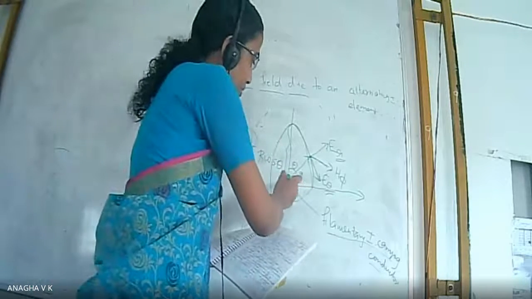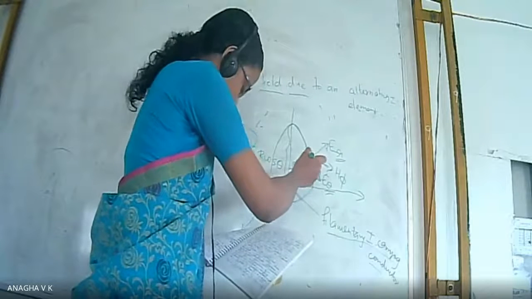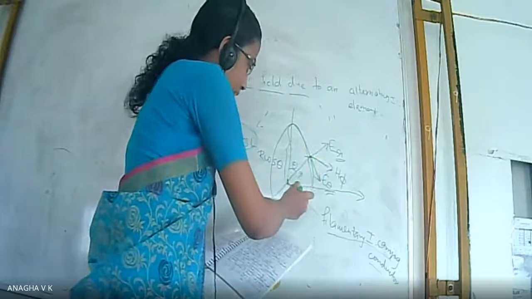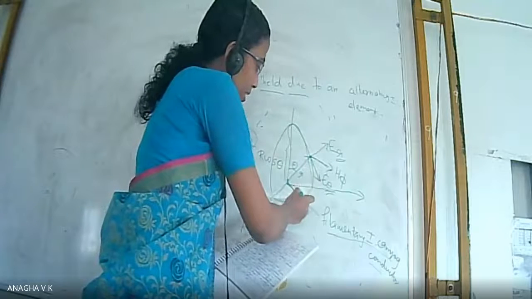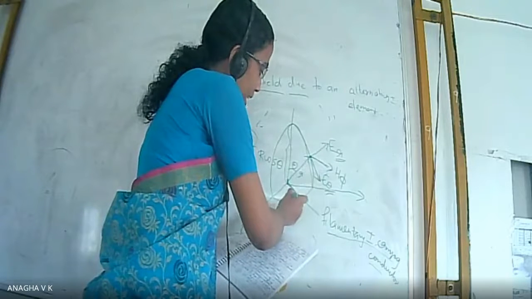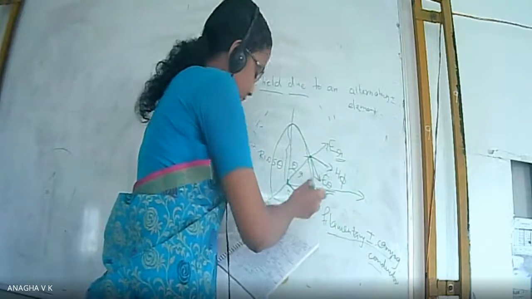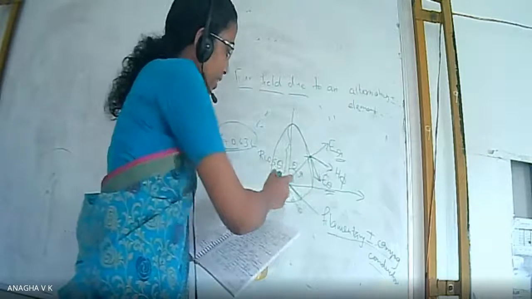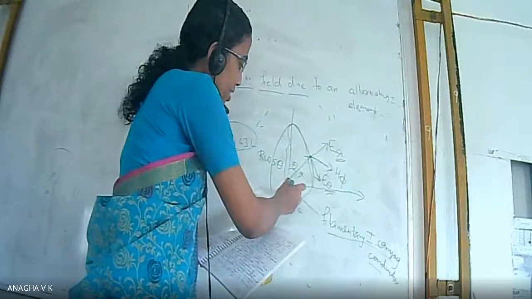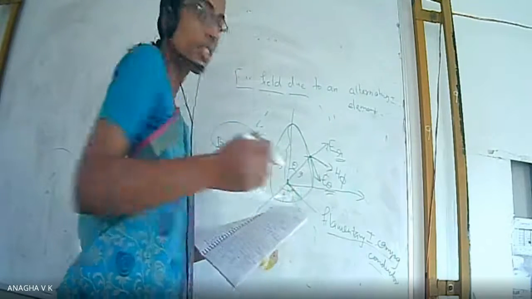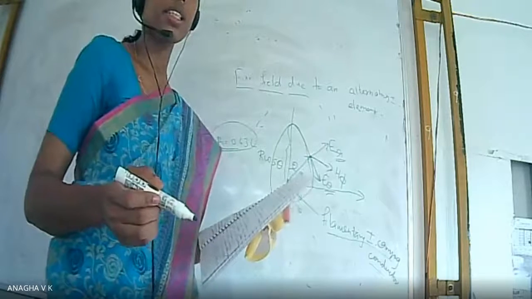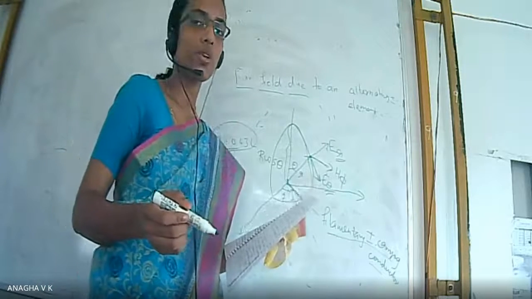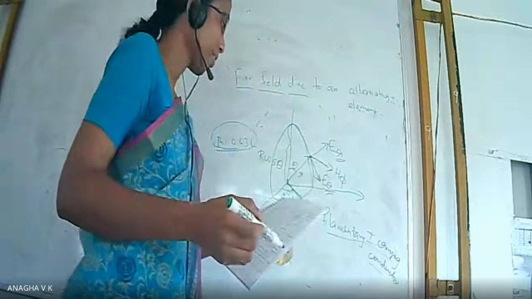Then this distance, the opposite side, will be r sin theta. Then this angle is taken as phi. So r, theta, phi is the spherical coordinate system.